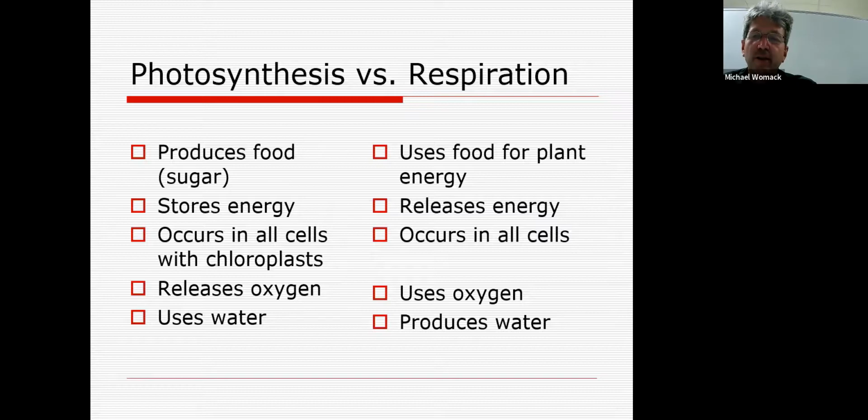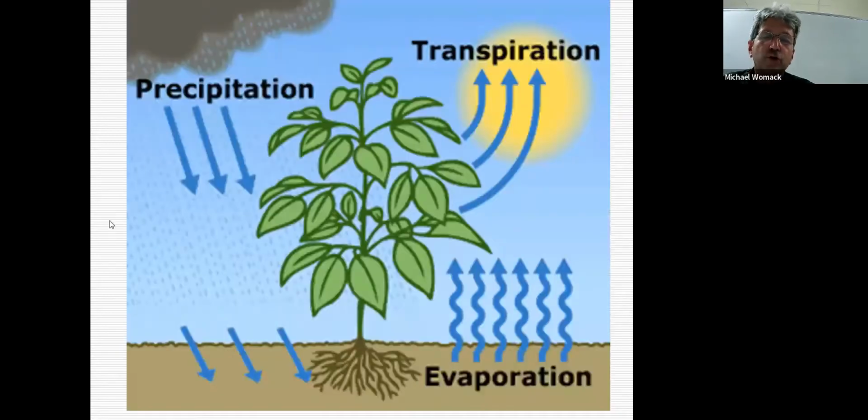We talked about photosynthesis and respiration. Now we're going to talk about transpiration and evaporation. And with that, I want you to see, and I'm going to have to move this slightly so I can see what's going on. You're probably just going to see part of my face now. But we have transpiration and evaporation and precipitation, three similar words, and I just want you to understand the difference.